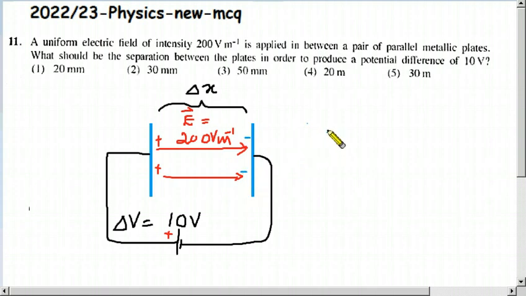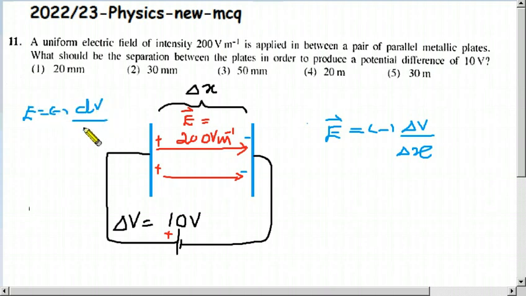So we know the equation: field intensity equals minus delta V divided by delta x. Sometimes we write it like this, E equals minus dV by dx. Both are the same, you can use whatever you like.